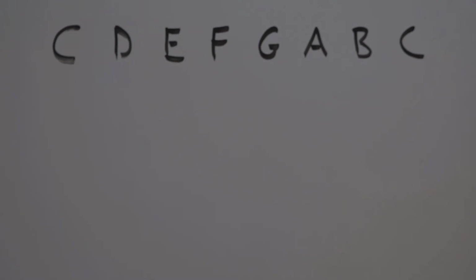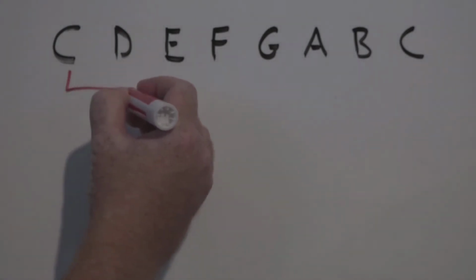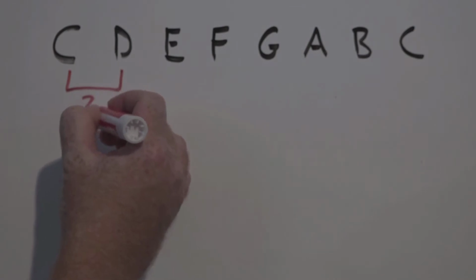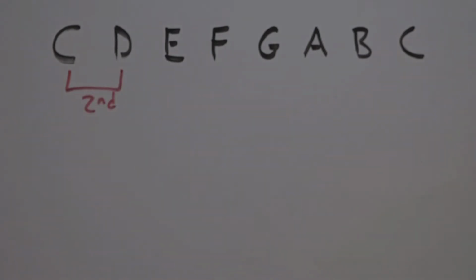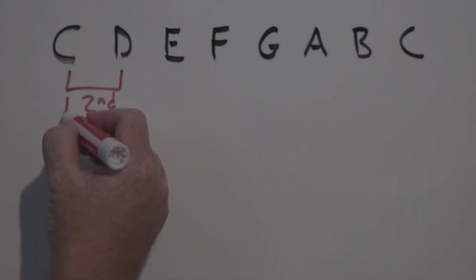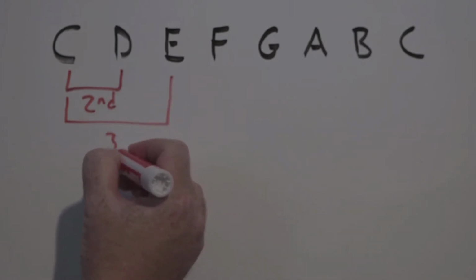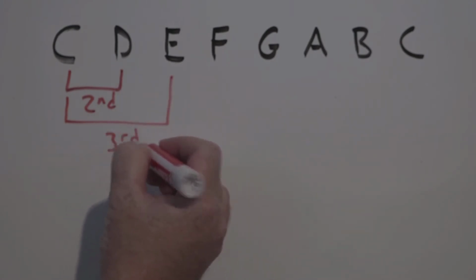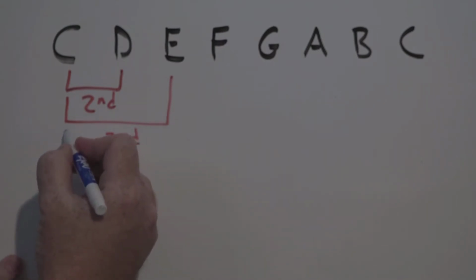If we have 2 letters next to each other, a C and a D, it is a second. If there is a letter in between, for instance, if we go from C to E, it's a third. And the pattern continues even further.